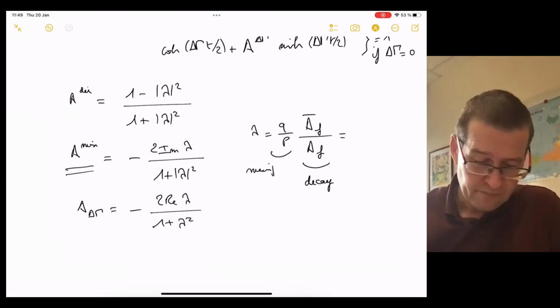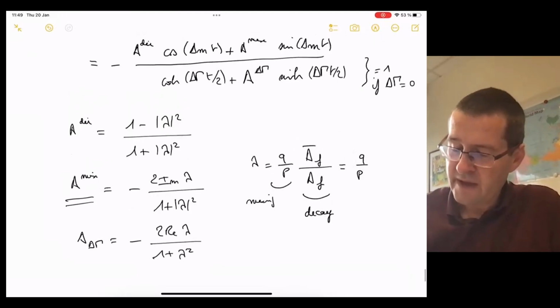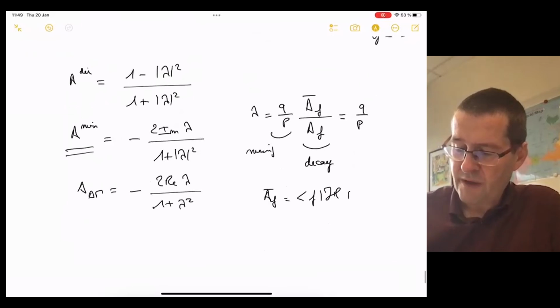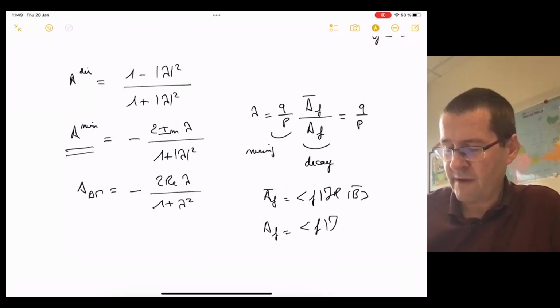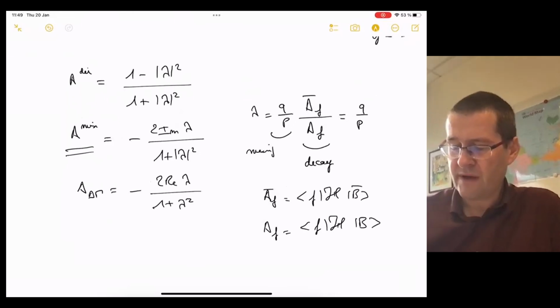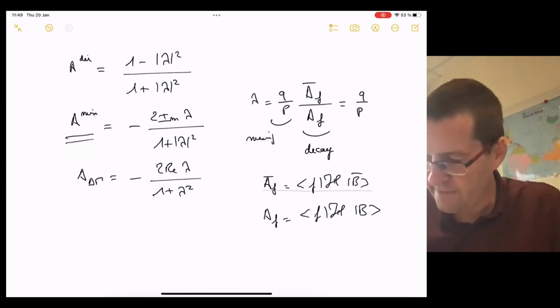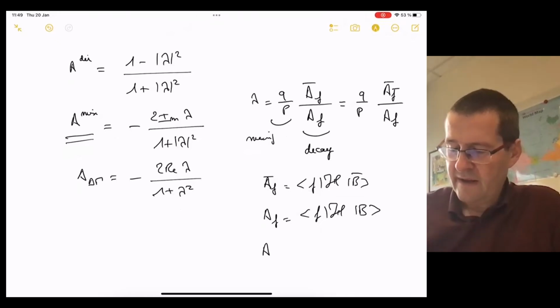And here you see that you've got the amplitude. A bar F is the amplitude where you start from a B bar and go into an F. A_F is the same when you go from a B to an F. It can be interesting, when discussing CP violation, to introduce A bar over F bar.